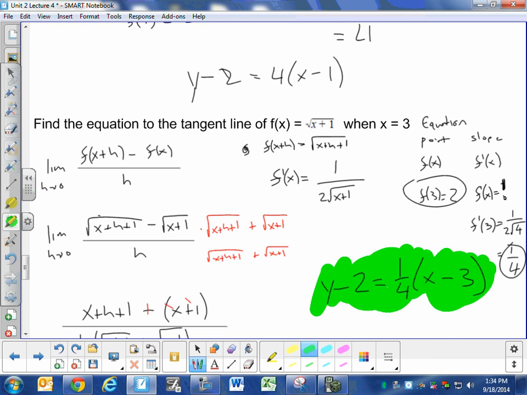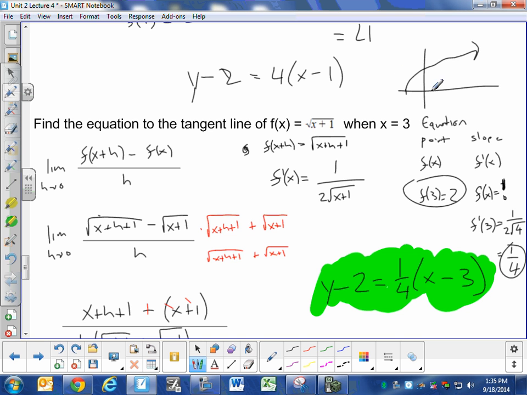Hooray. We found that the slope of this function at 3 was equal to 1/4, and we found the equation of the tangent line to be this. And if you wanted to graphically see it, you would know that for root x plus 1, we'd be talking about a graph that would kind of end at -1 and go out like this.